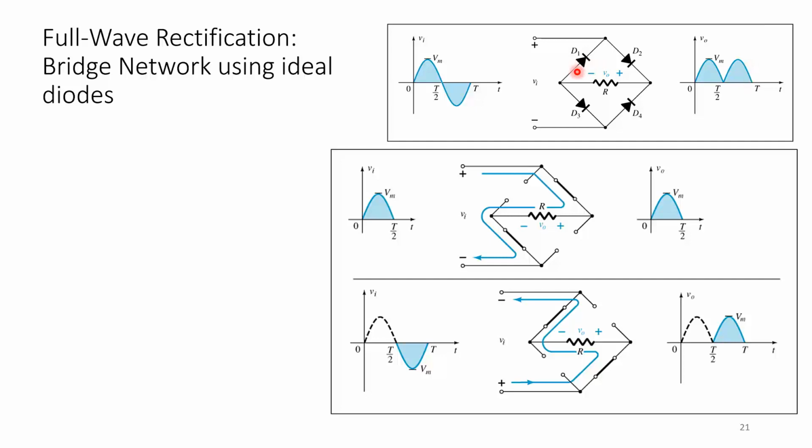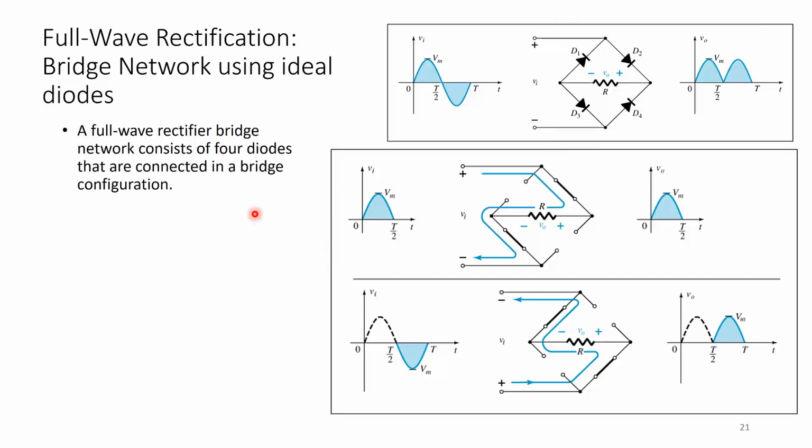You have your 4 diodes, D1, D2, D3, D4, and they will selectively turn on based on whether it is the positive cycle or the negative cycle.